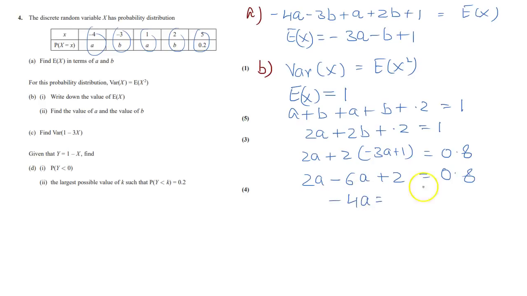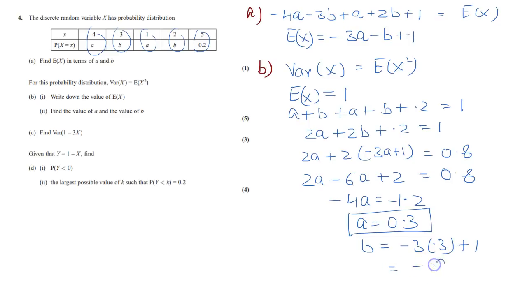Minus 4A is equal to negative 1.2. So A is equal to 0.3 and B will be minus 3 times 0.3 plus 1, minus 0.9 plus 1. So B will be 0.1. I have not cross-checked it, hope it is correct.